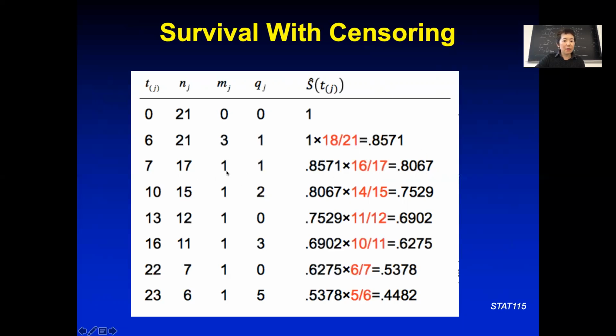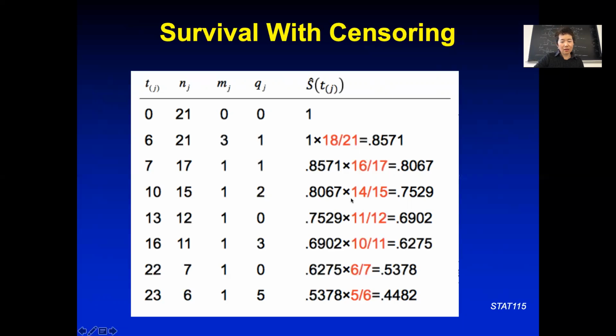And in the next one, because 1 patient died, 1 patient censored, you have only 15 patients under consideration. 1 patient died, 2 patients left the study for some reason. And so you inherit the previous survival probability times 14 still survive divided by the denominator. So every time you take out the patients who are either dead or who left the study, and you subtract out the people who you know for sure were dead.